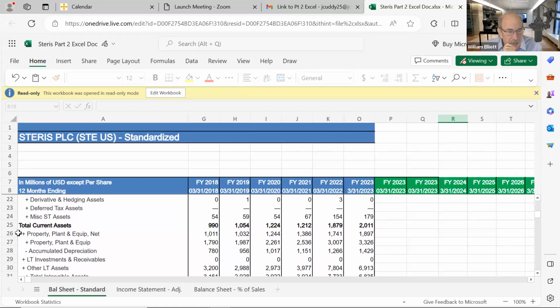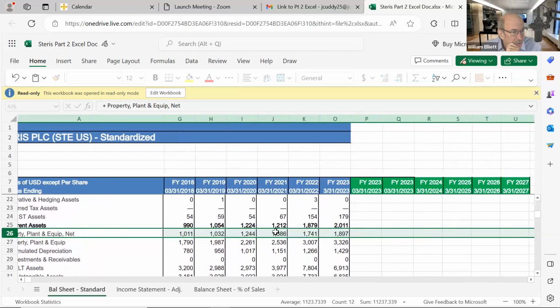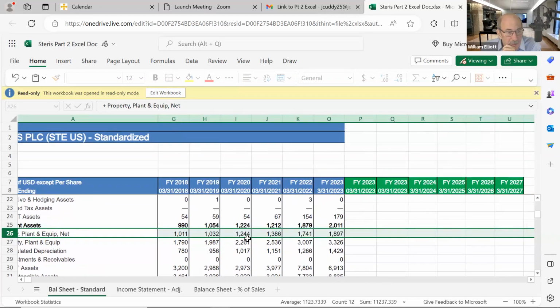Okay, great. So you've got row 26. PPE was steady for 18 and 19, then went up for 20 by a couple hundred, went up again, another jump up in 22, and then a little bit of a jump in 23.